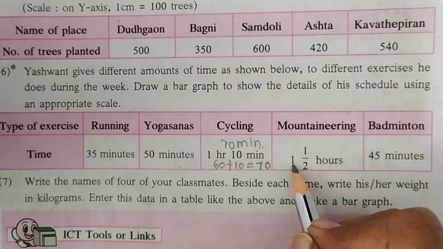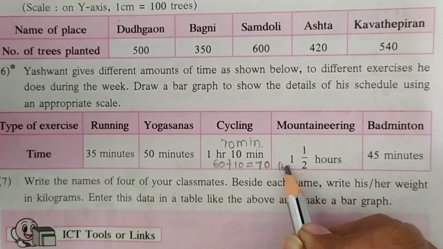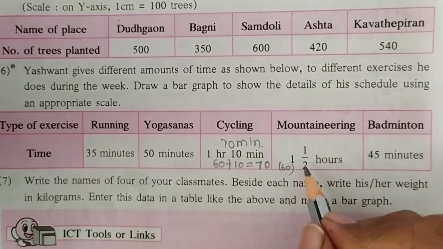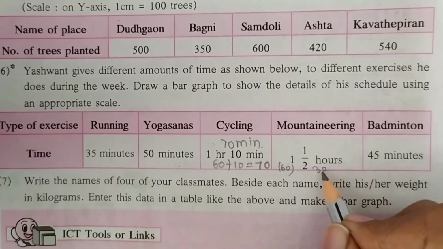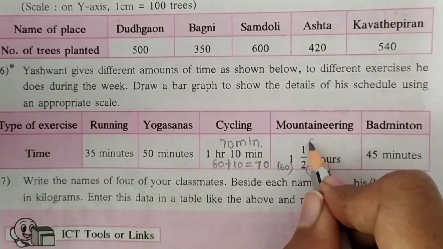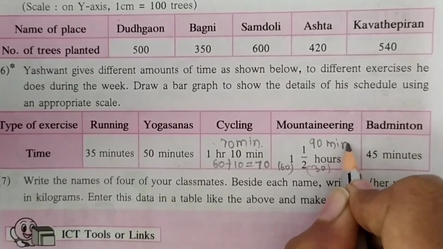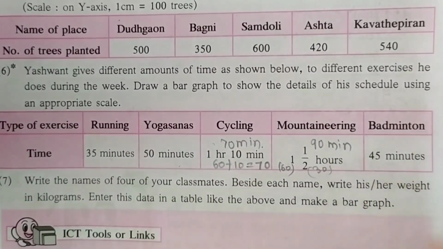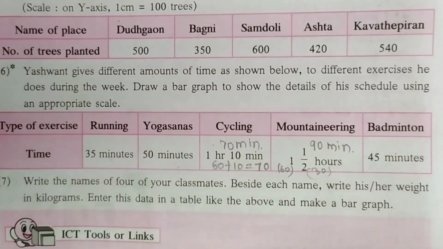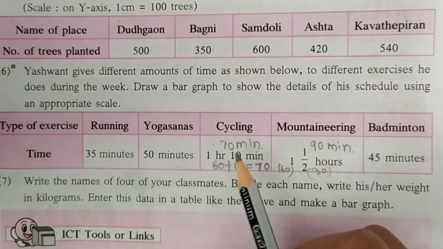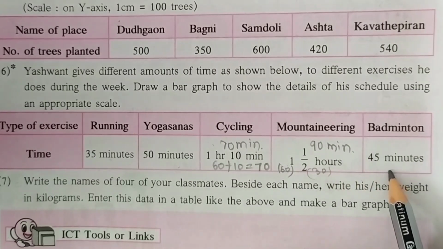So 1 hour has 60 minutes and half hour is 30 minutes. So in minutes there are 90 minutes for mountaineering and 45 minutes for badminton. Now while drawing a bar graph, we are going to consider 35 minutes, 50 minutes, 70 minutes, 90 minutes and 45 minutes.